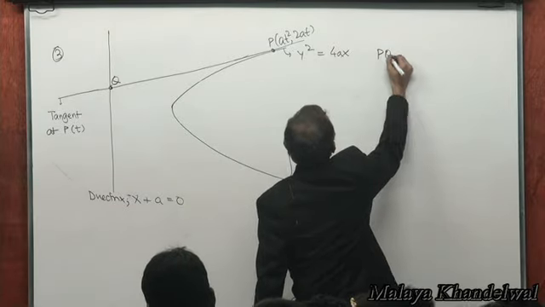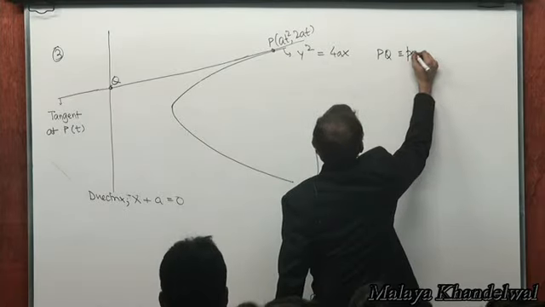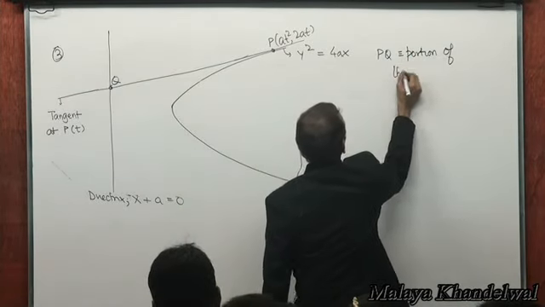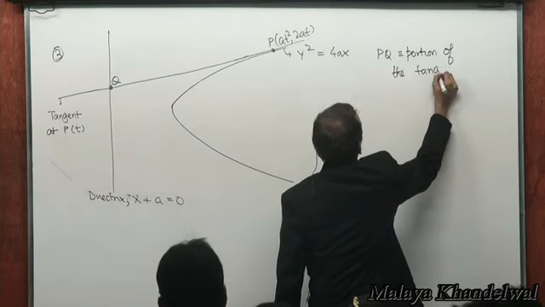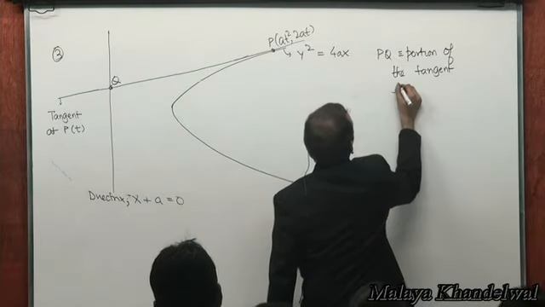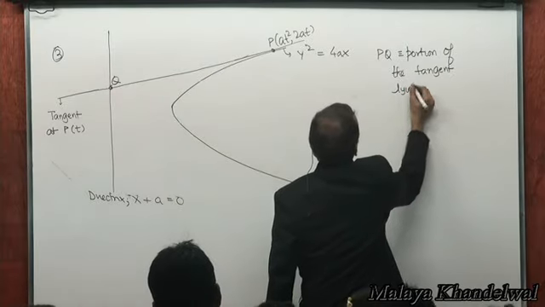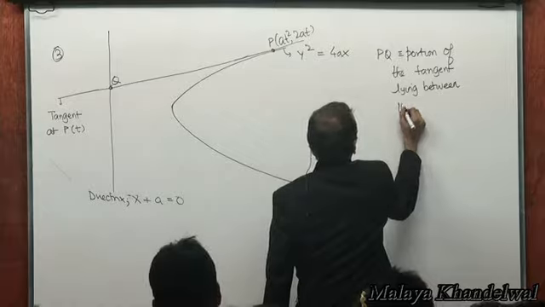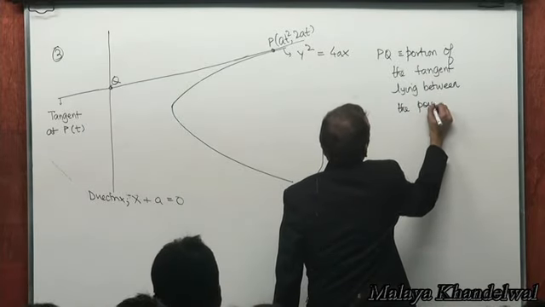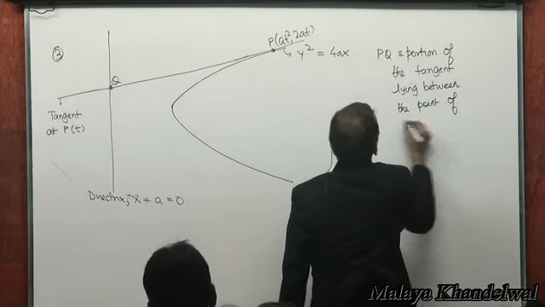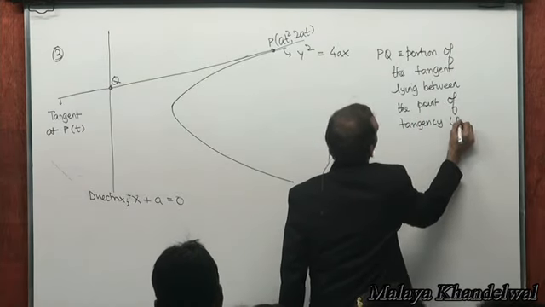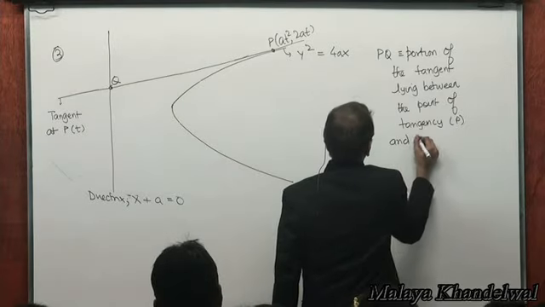PQ is the portion of the tangent lying between the point of tangency, which is P, and the directrix.